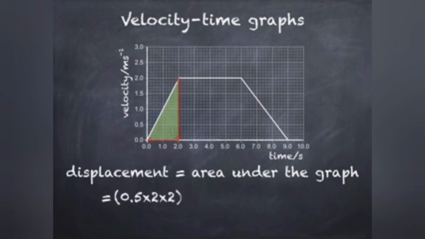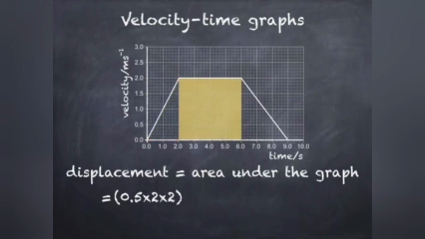So the area of the triangle for the first part will get a substitution of 0.5 times 2 times 2. For the second part, which is the rectangle, it is base times height. The base we have 2 to 6 seconds, and the height we have 2 meters.